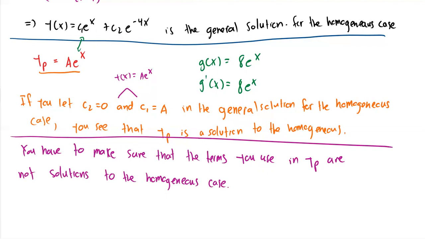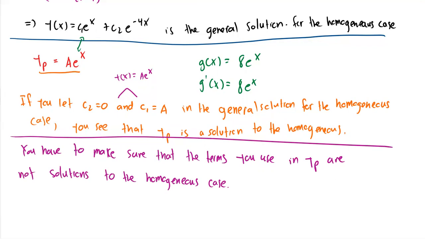Again, because if any of those terms is a solution to the homogeneous case, it's going to go to 0. You're going to lose whatever constant you had in front as a degree of freedom, and it's not going to work. Of course, here I'm working with only one term, so it's the simplest case, but hopefully it's illustrating what the problem is. How do you fix it?